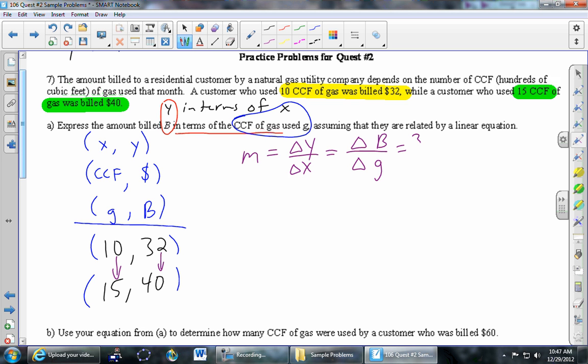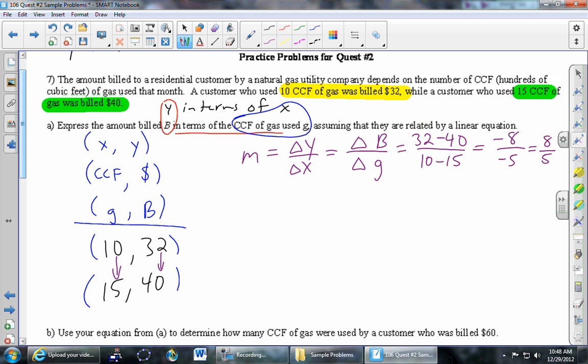Just do it in the same order on top and bottom. It's perfectly okay to reverse the order on top as long as you reverse it on the bottom as well. So upstairs we get -8. Downstairs is -5. 8/5. It's fine there.